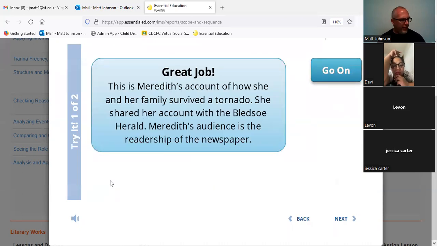Great job. This is Meredith's account of how she and her family survived a tornado. She shared her account with the Bledsoe Herald. Meredith's audience is the readership of the newspaper. You can classify things like that as well.